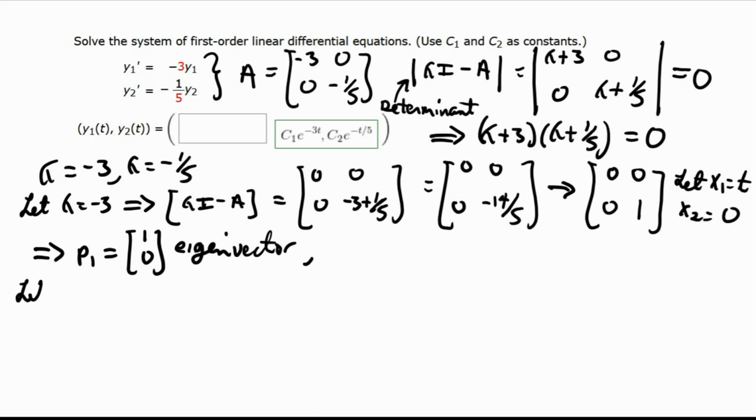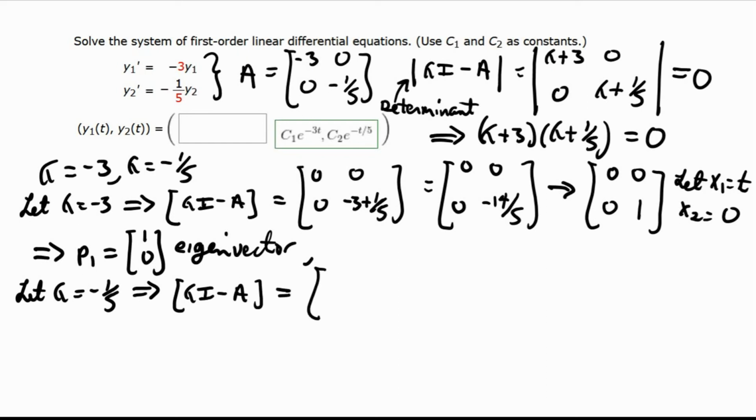Now let lambda equal negative 1/5, and so this implies that we look at lambda times I minus A. You can replace the lambda with negative 1/5, by the way.